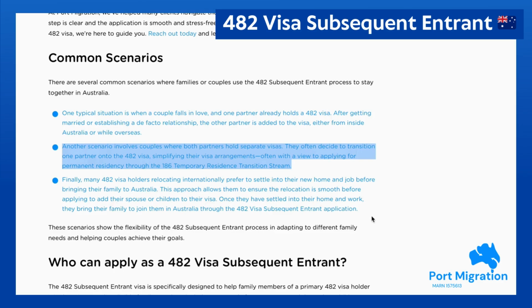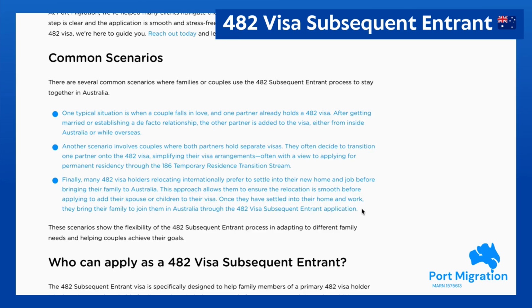A final common scenario, many 482 visa holders relocating internationally prefer to settle into their new home and job before bringing their family to Australia. This approach allows them to ensure the relocation is smooth before applying to add their spouse or children to their visa.